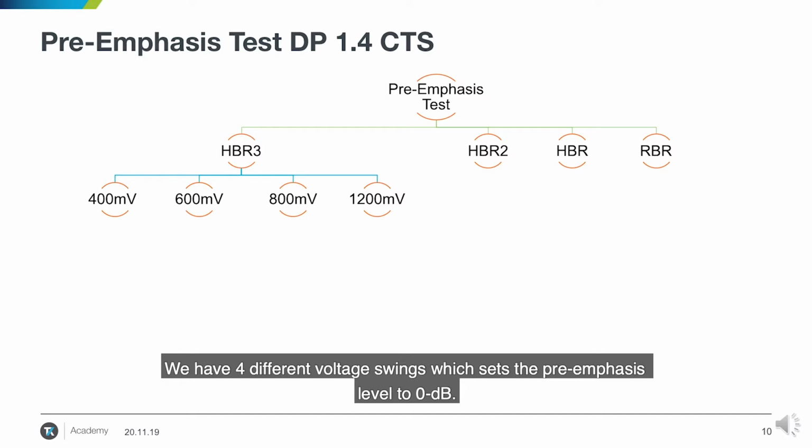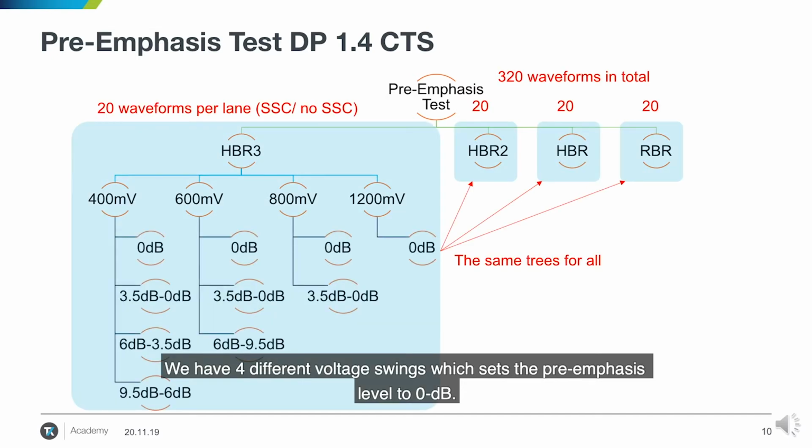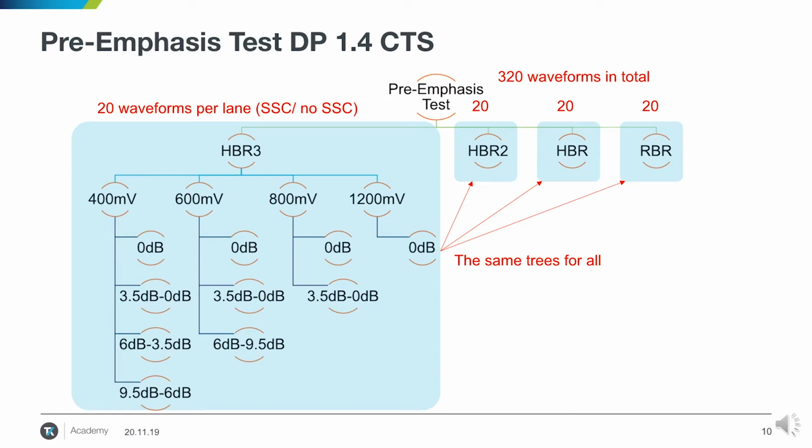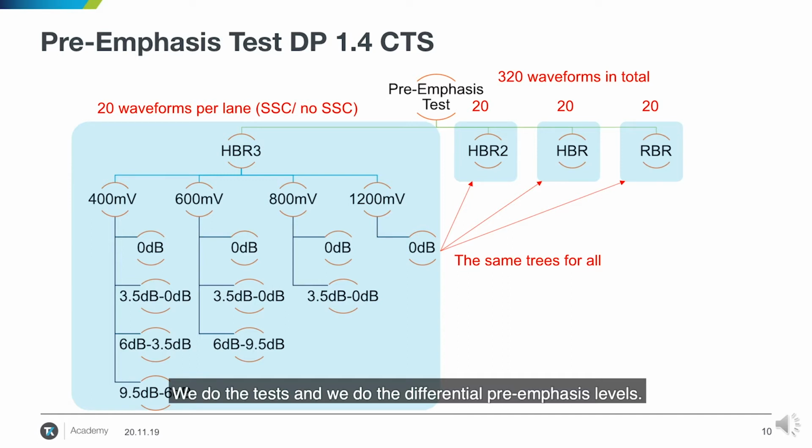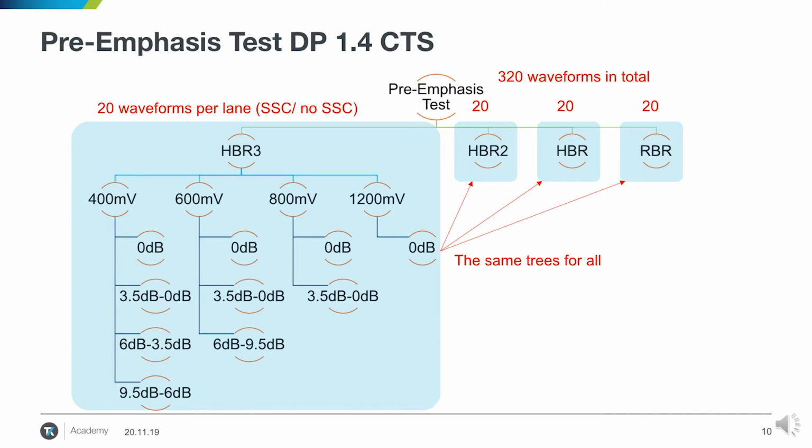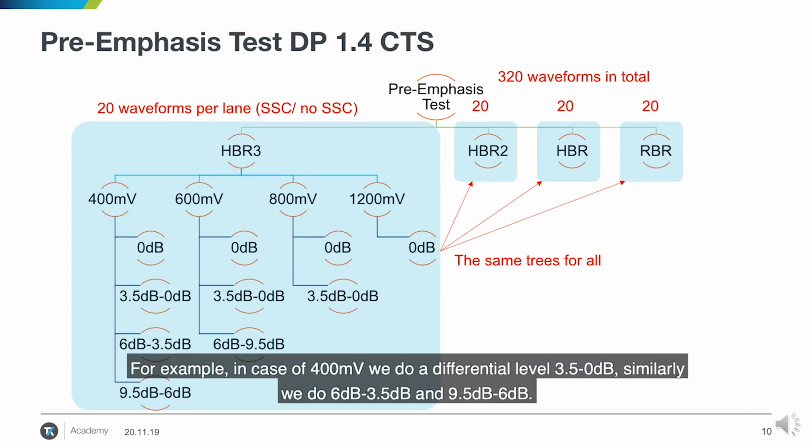We set the pre-emphasis level first to 0 dB. We do the tests, and we do the differential pre-emphasis levels as shown here. So for example, in case of 400 millivolt, we do a differential level 3.5 and 0 dB.